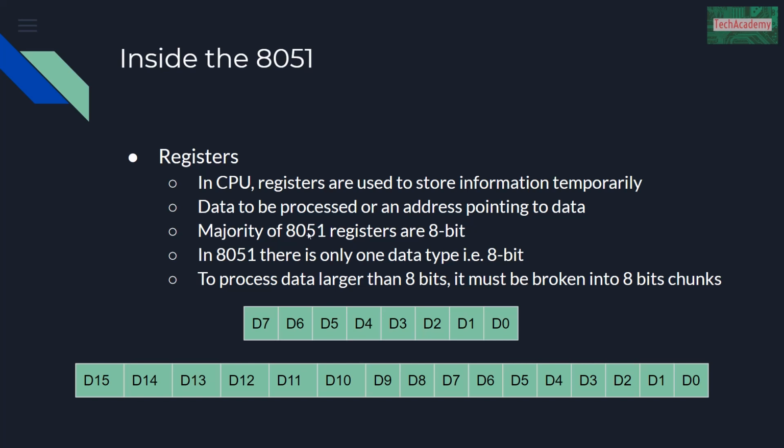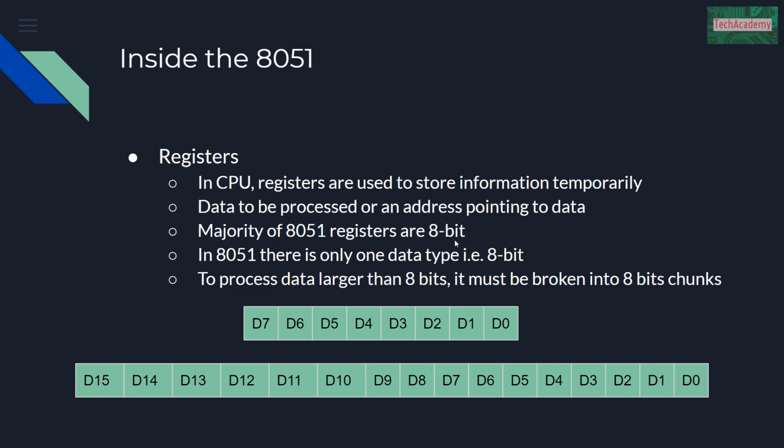There are the accumulator, B register, then registers R0, R1 up to R7, then the data pointer and program counter.